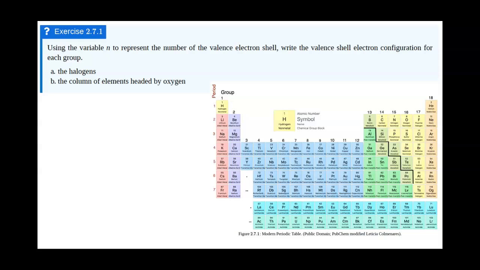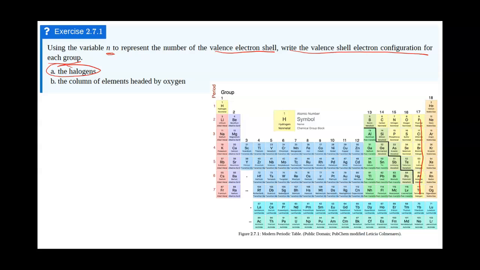So this is an example exercise from the book. We're asked here to, using the variable n to represent the number of the valence electron shell, write the valence shell electron configuration for each group. The first one is asking us about the halogens, the fluorine group.